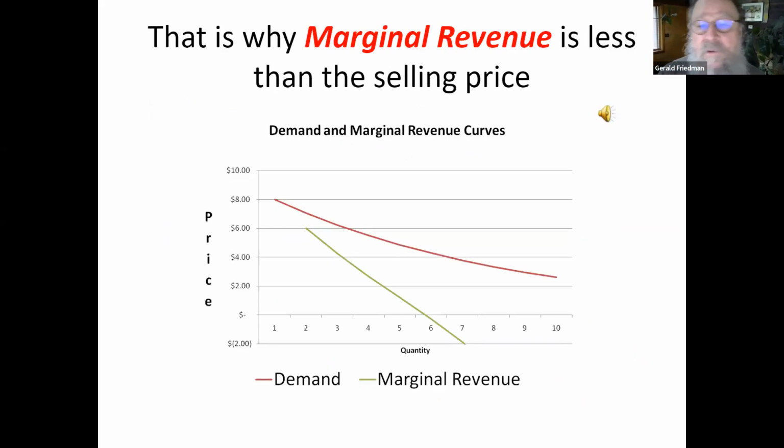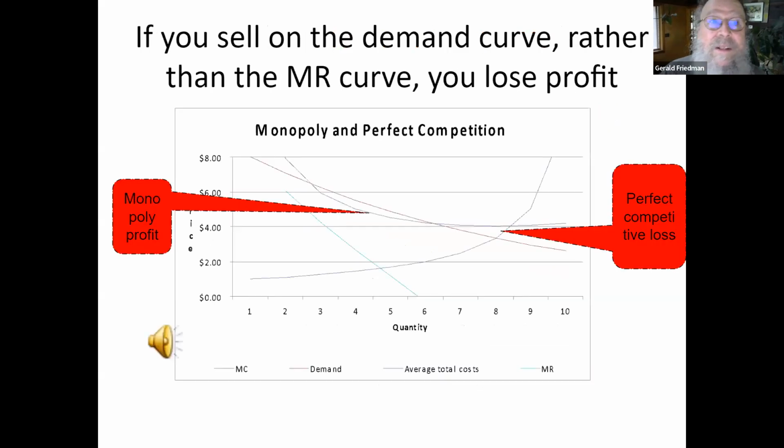Okay, marginal revenue is always less than the selling price because you're always having to give discounts to everybody else. If you sell on the demand curve rather than the marginal revenue curve, you're going to be selling at a marginal revenue that's less than the cost of producing a lot of this stuff.